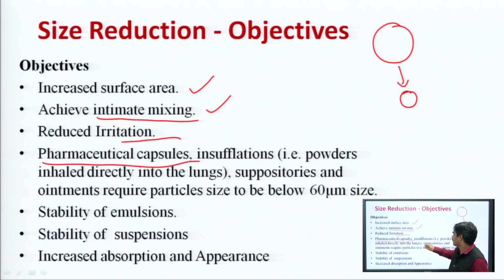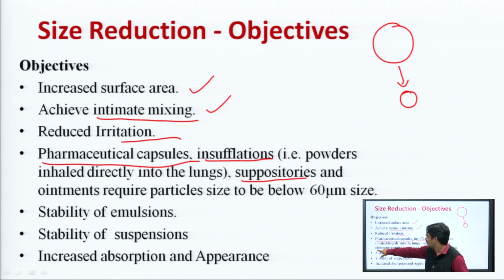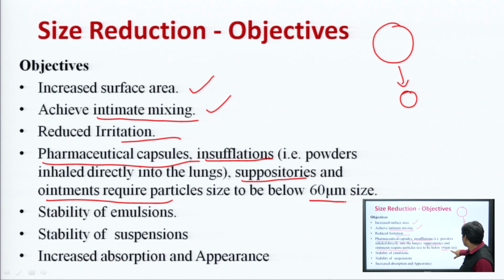Pharmaceutical capsules, insufflations, suppositories and ointments also require a particle size of below 60 micrometer size. That means, smaller the particle size, since in capsules powders are filled into the capsule shells, the size of the powders will be around 60 micrometer in size. So, it also helps in the formulation of these type of products.